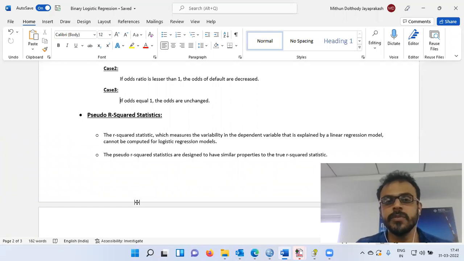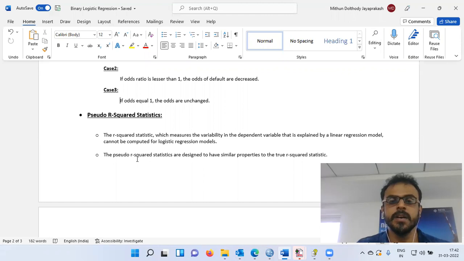The third point which I would like to emphasize here is about pseudo R-squared statistics. Very important. They're called pseudo. The word pseudo means false, which means that these are not the real R-square. These are pseudo R-square. So a couple of points here. The R-square statistic, which measures the variability in the dependent variable that is explained by a linear regression model, cannot be computed for a logistic regression model.